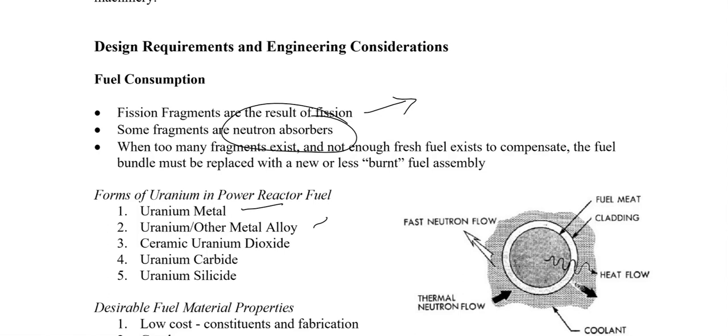If there are too many of them in the nuclear fuel, we do not have much fissile material left in the fuel. So we need to install new fresh fuel into the nuclear reactor and replace the old fuel with new or less burned fuel.